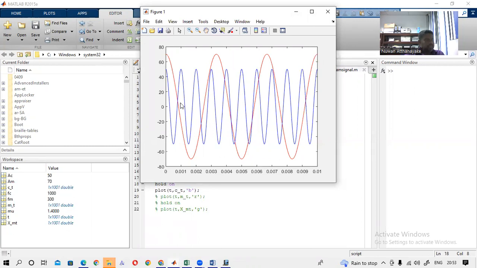You can see that the carrier signal frequency is higher than this frequency. But the problem is there: the carrier signal amplitude is lower than the modulating signal amplitude, the information signal amplitude.